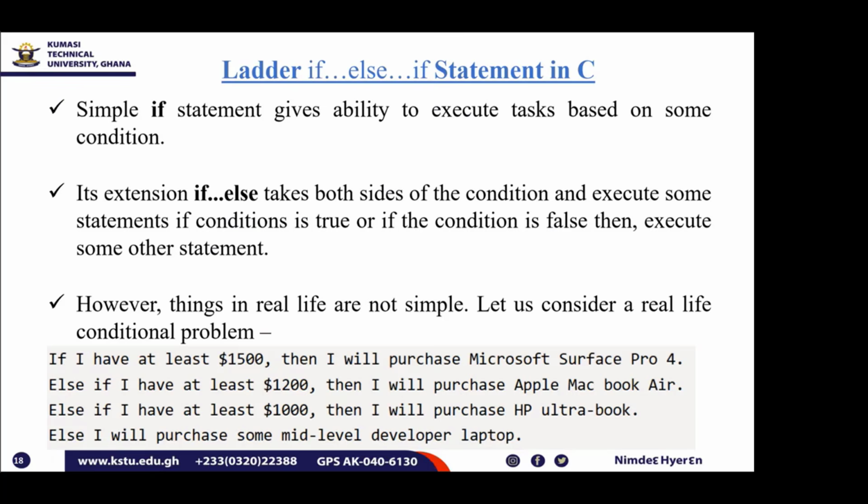Or if you don't get the 1,200 and you get 1,000, you would buy an HP Ultrabook. However, if you are not able to make this target, then you would go for any mid-level computer or laptop.